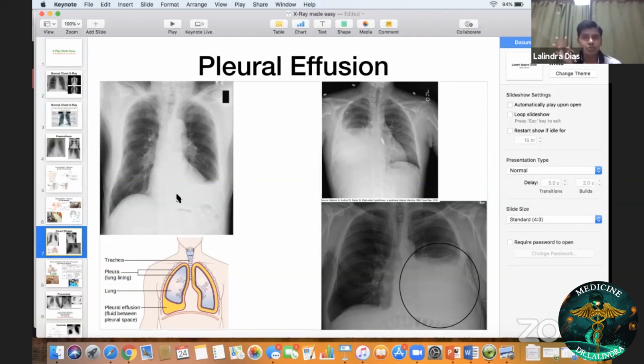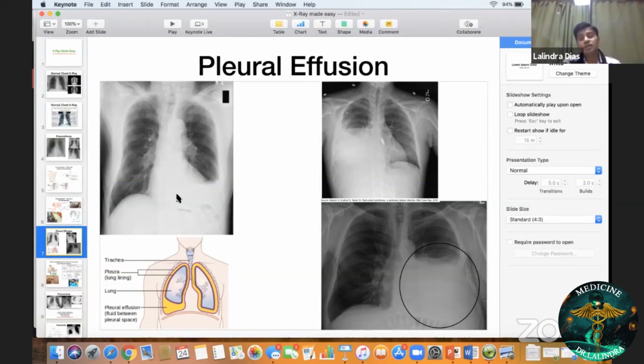TB effusion is not blood-stained, that you need to remember. TB effusions are not blood-stained, right?